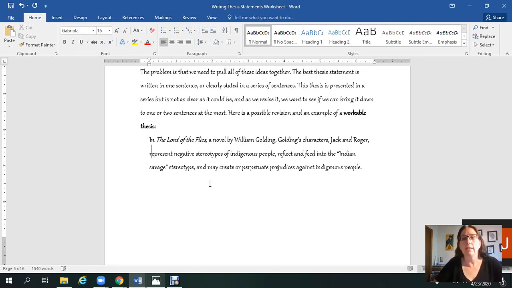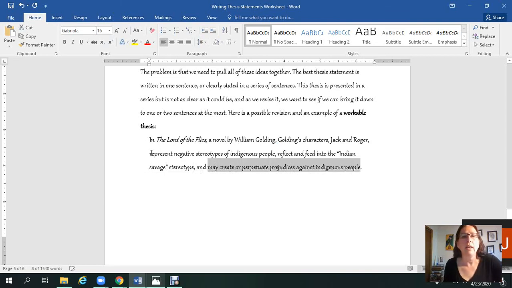So what this does is it pulls the three ideas together. Represents negative stereotypes of Indigenous people; reflect and feed into the Indian savage stereotype, which is the present day; and may create and perpetuate prejudice against Indigenous people, and that's the present day.